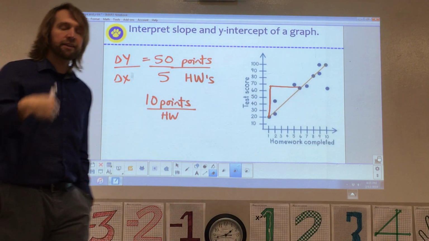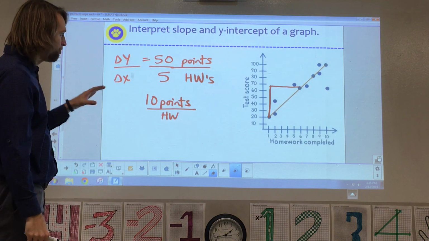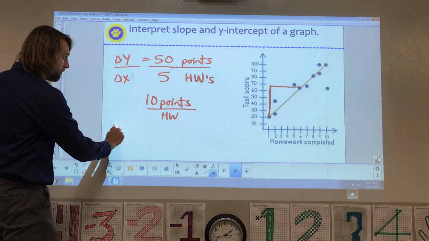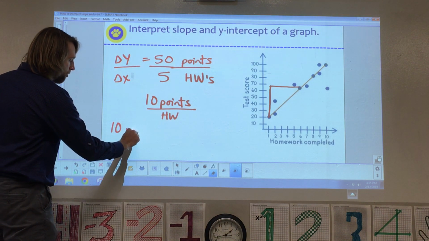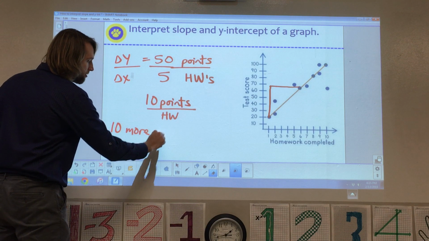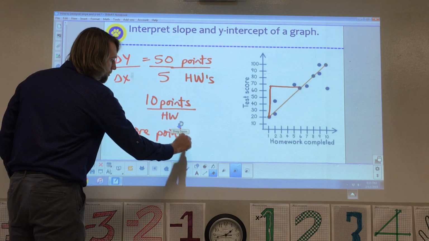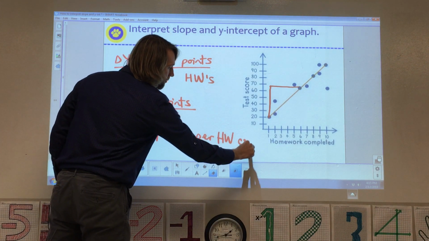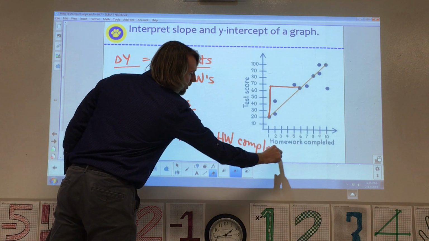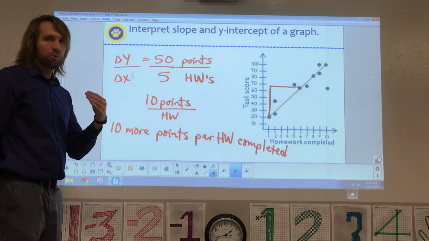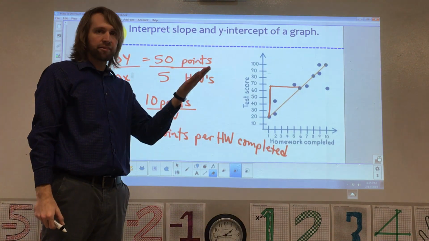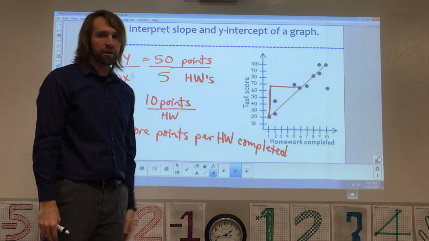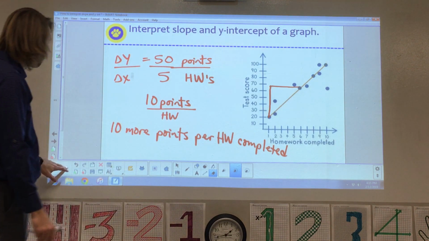All right, so when I really try to interpret this, since it's a positive slope, I would get 10 more points, or 10 additional points, per homework completed. So the trend is the more homeworks that I complete, the higher the test score is. And when I analyze the number, it's 10 more points per each homework completed.